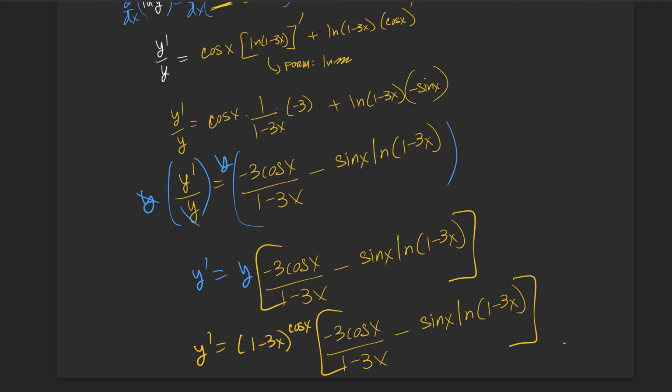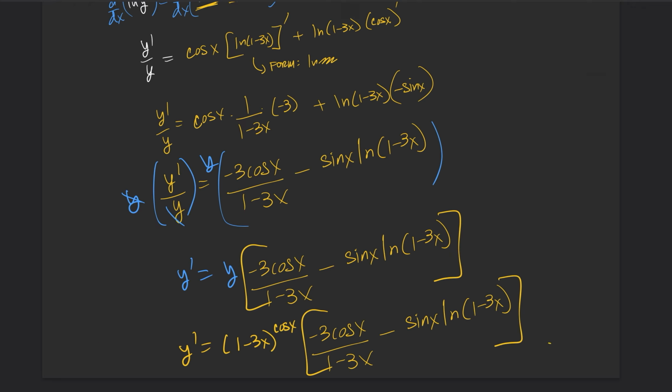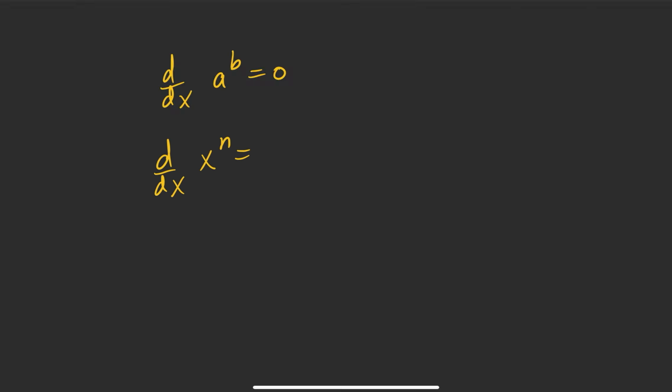So great work. The other thing I really wanted to hit home, and this is in the typed out version of the notes: the derivative of a constant to a constant is 0. The derivative of a variable to a constant is the power rule.